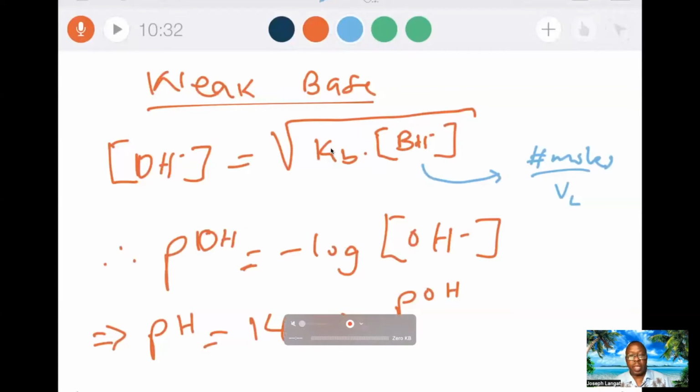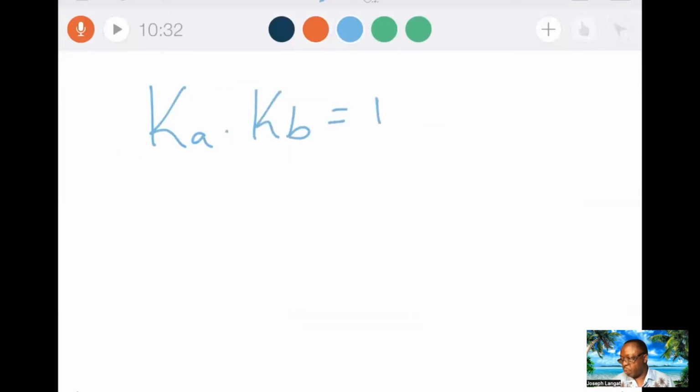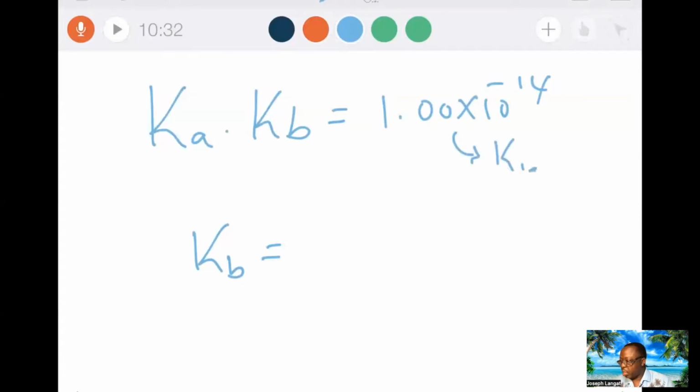Kb, we will have to find that. If not given, you will plug in this equation: Ka times Kb equals 1.00 times 10 raised to negative 14, which is Kw.